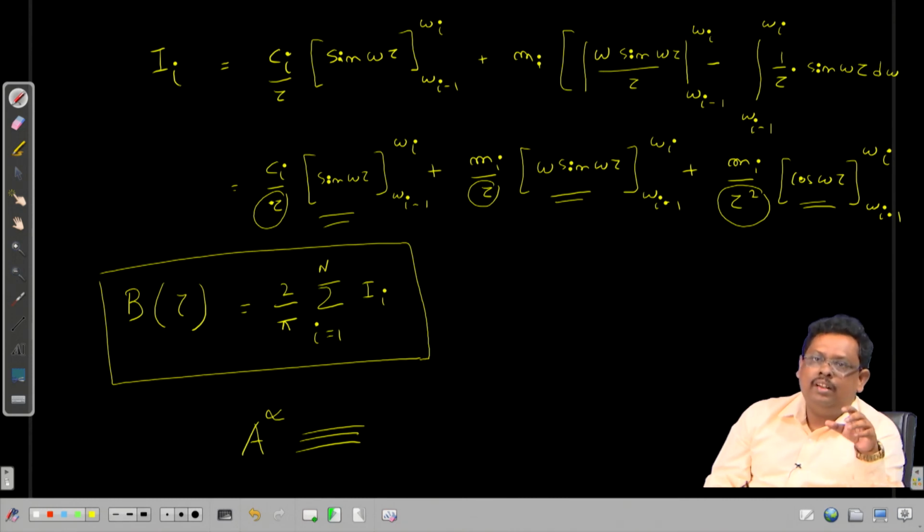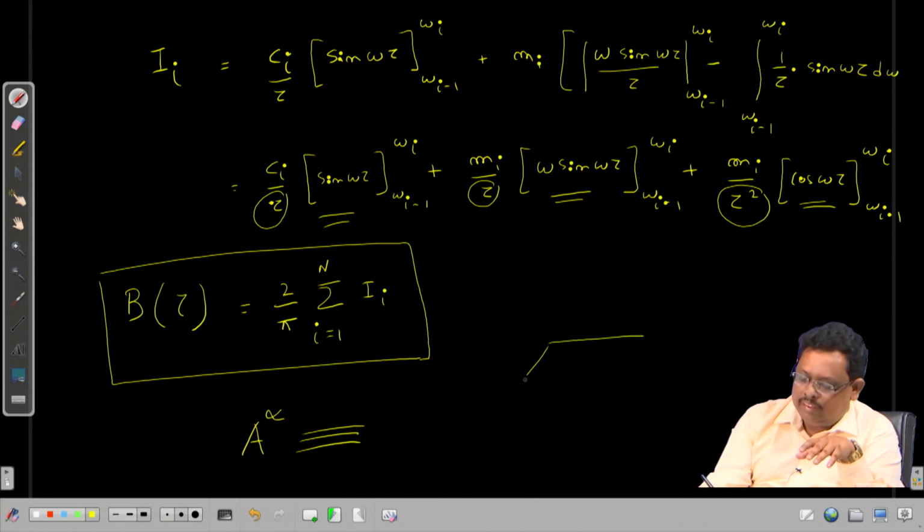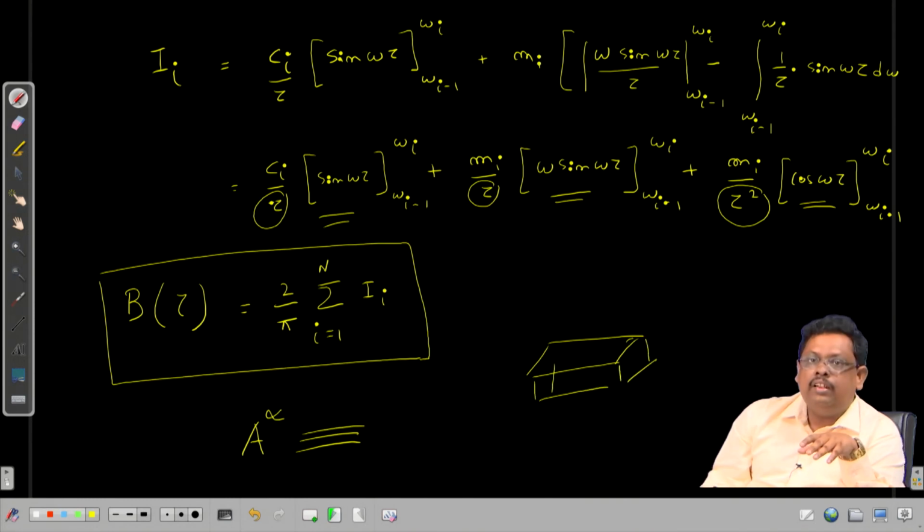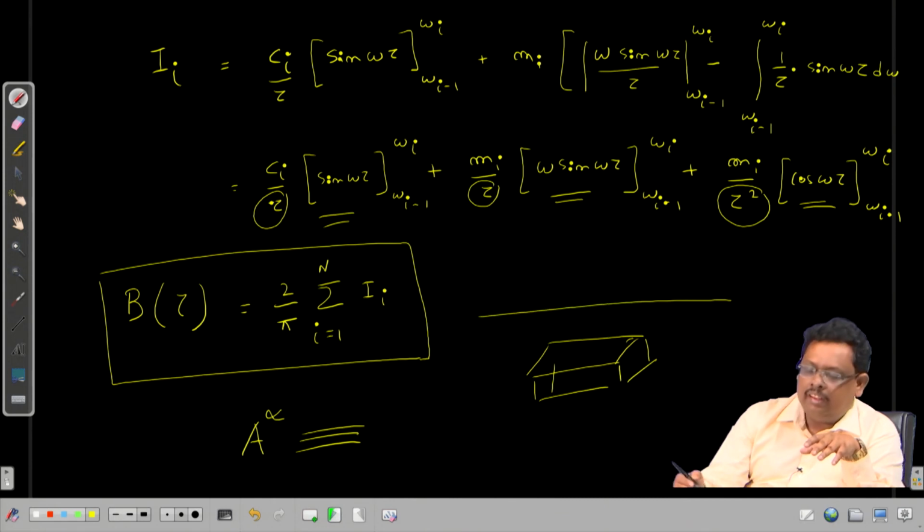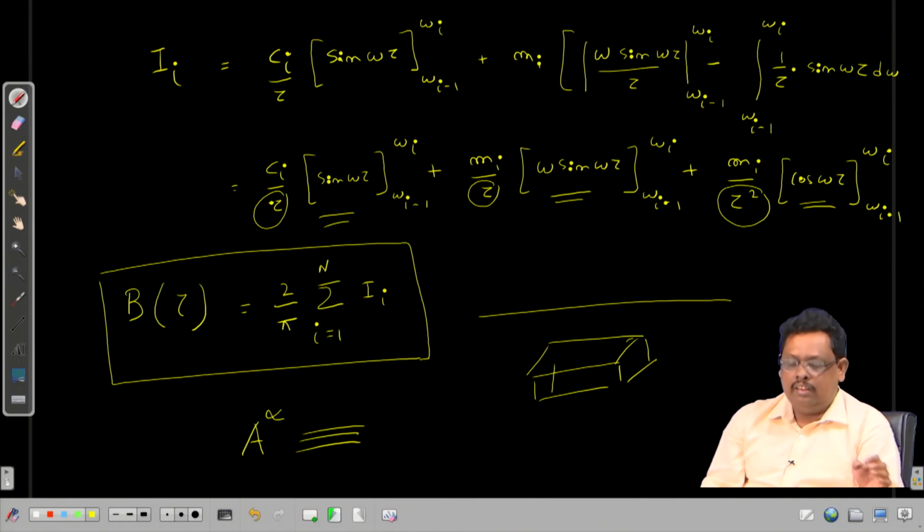Now, if you remember, our introduction to this numerical method started with an infinite domain problem, where we take an object floating inside an ocean, and then we try to find out the added mass of this object, right, that we did.